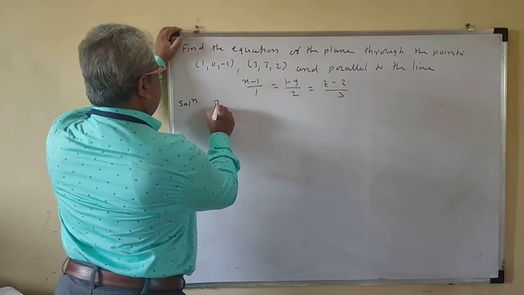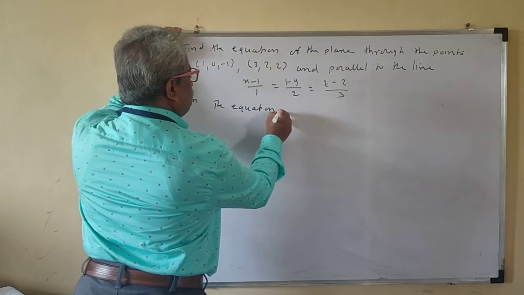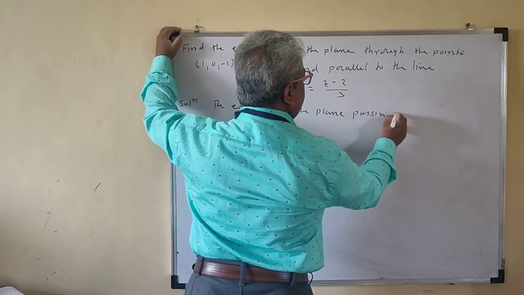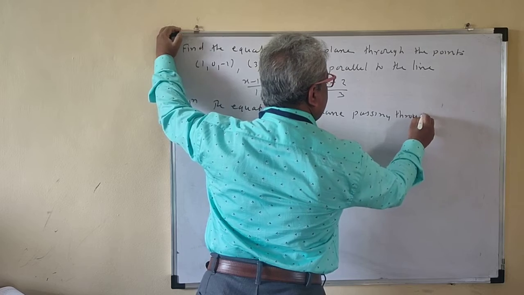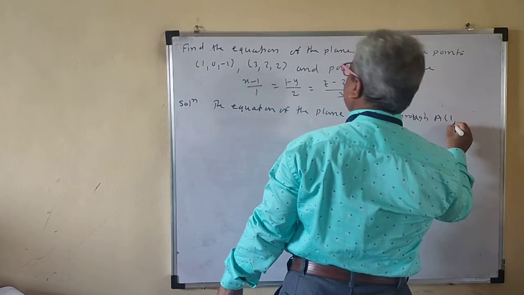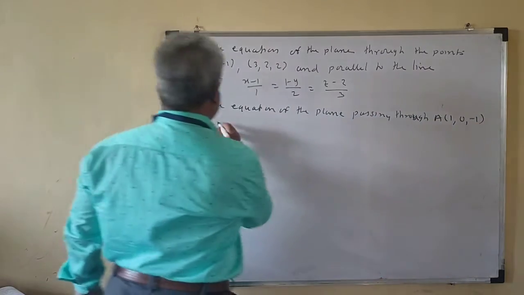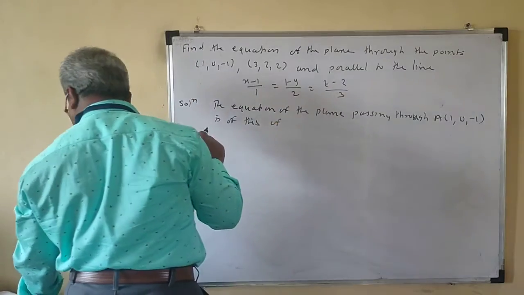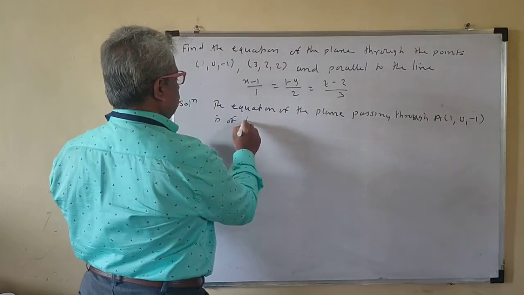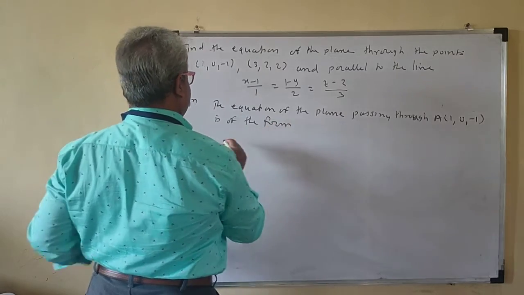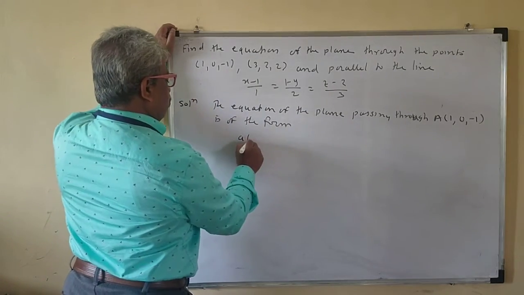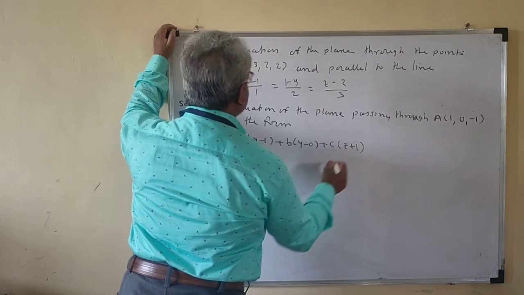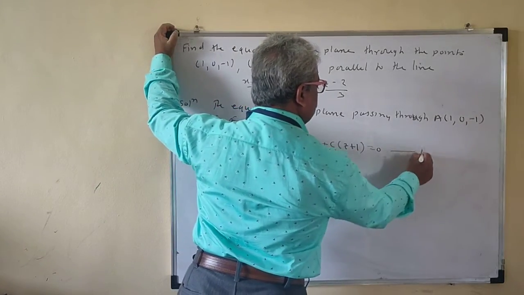Okay, the equation of the plane passing through (1, 0, minus 1) is of the form, you have to use this: a into (x minus 1) plus b into (y minus 0) plus c into (z plus 1) is equal to 0. This is 1.